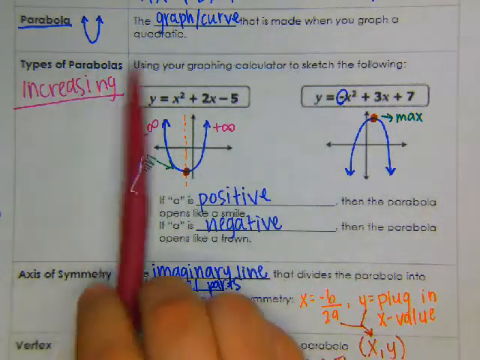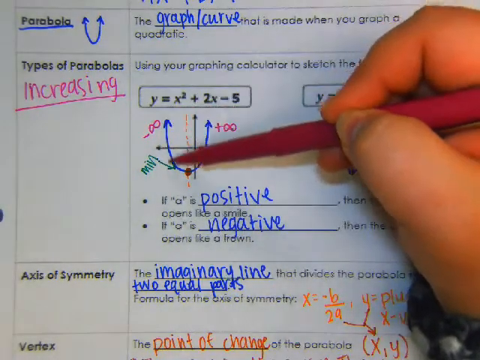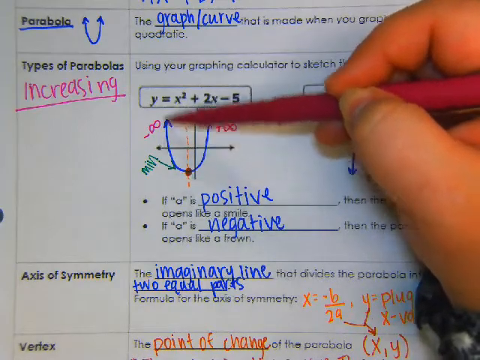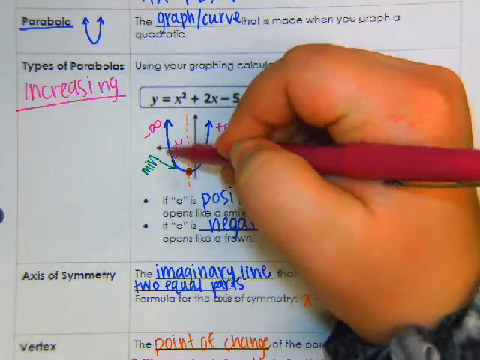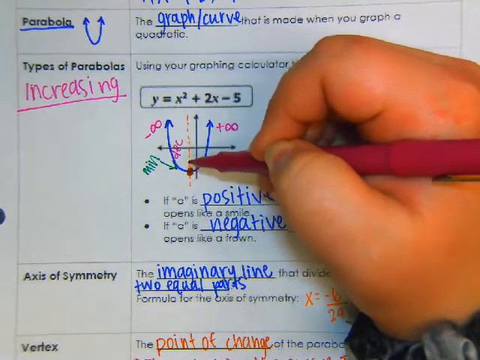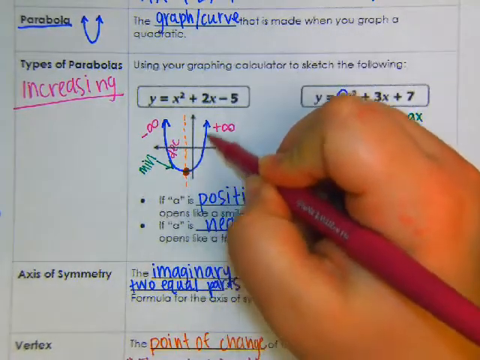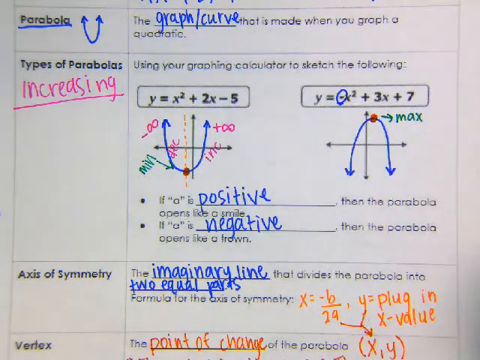If I'm coming from the left, this graph is going down to reach the vertex, okay? Which means this half of my graph is decreasing because I'm going down to reach the vertex. Once I reach the vertex, the right side of my graph is going up, which means the right side of my graph is increasing.